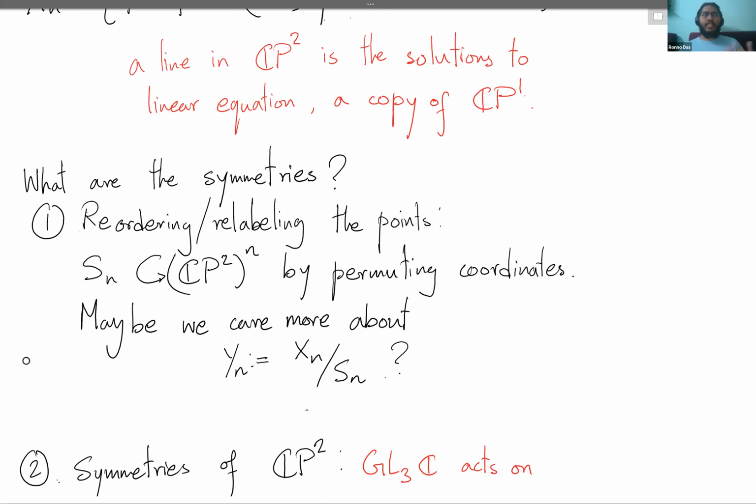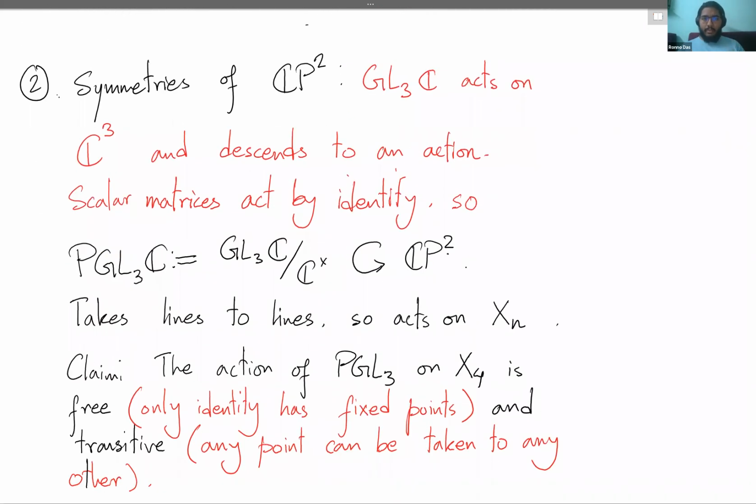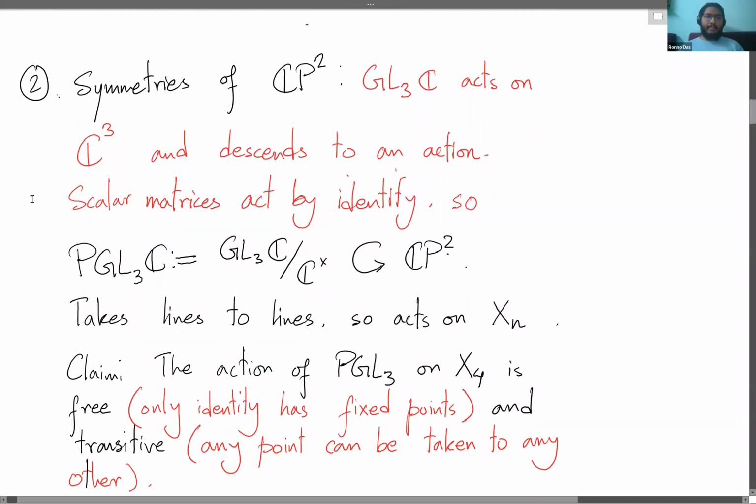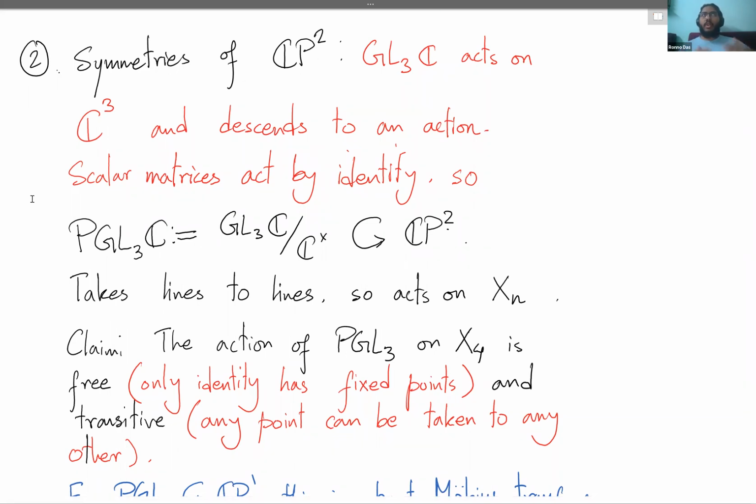Whatever problem we solve, we'll solve it in a way that you can pass to the quotient without much effort. The second symmetry that is important here is the symmetries of the plane. So in R2, you should think of rotations, translations, and reflections.